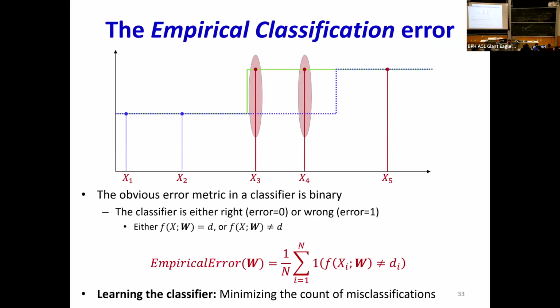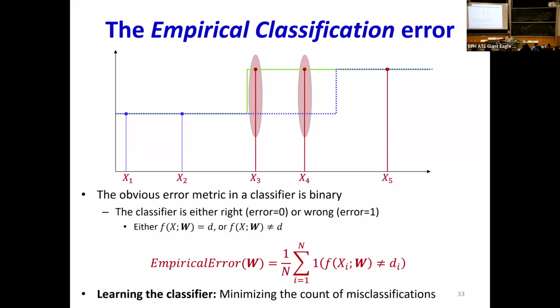The network function shown in green, for the wrong value of w, will compute incorrect outputs at a certain number of locations. And so the total error over here is going to be the number of instances on which the network has made an error. So it's going to count the number of orange bars.